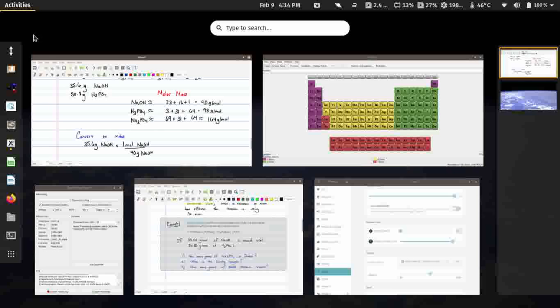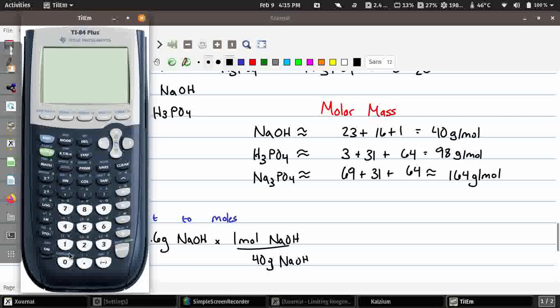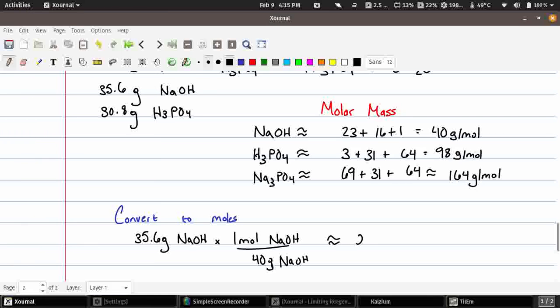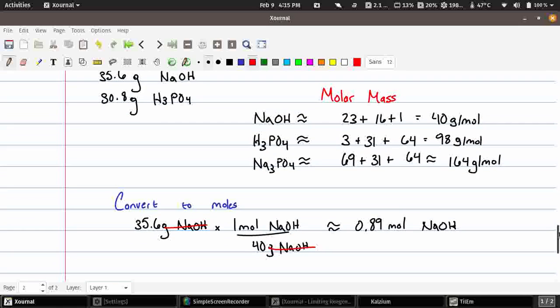Let me open the calculator so we can do this. 35.6 divided by 40 gives us 0.89 mole sodium hydroxide.